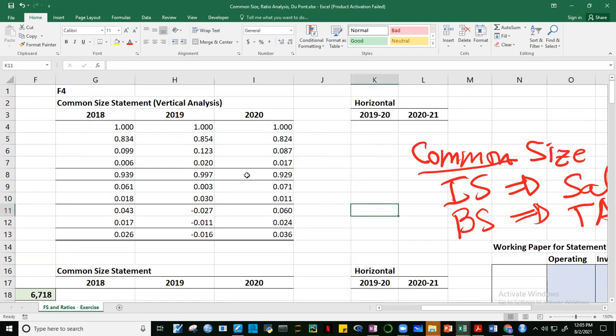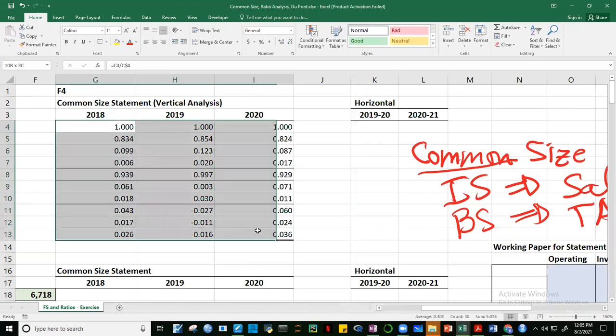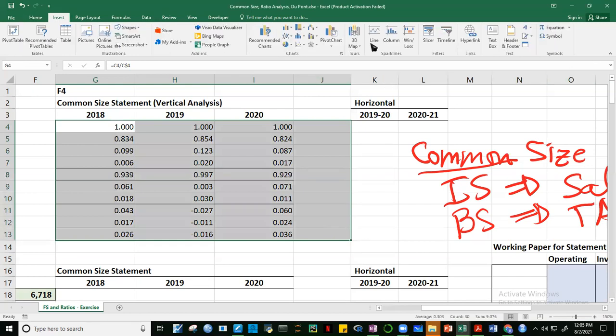So how do we do it, guys? Highlight natin to. Okay? Make sure isama natin tong empty cell natin dito. And then insert. Okay. Sa insert, guys, makikita nyo yung spark line dito. Insert then spark line.